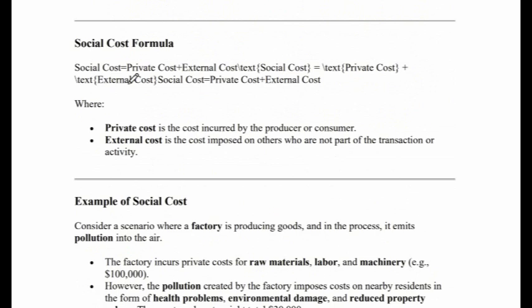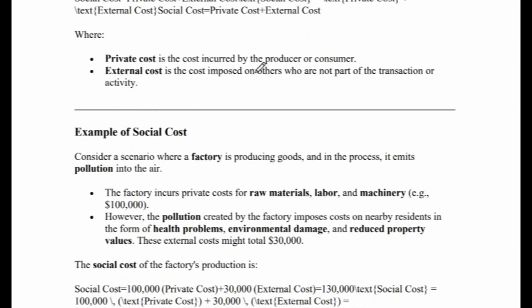Social cost is equal to private cost plus external cost. Whereas private cost is the cost incurred by the producer or consumer, external cost is the cost imposed on others who are not part of the transaction or activity.